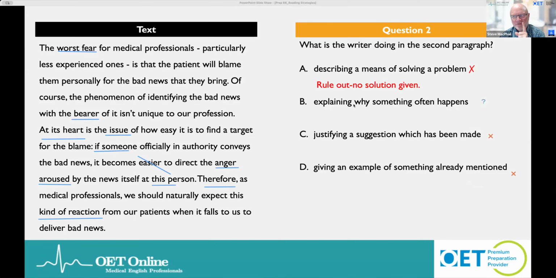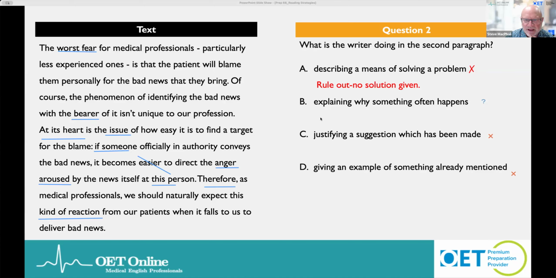Now, I need to be sure, because I could be wrong. Explaining why something often happens. So at the heart is the issue of how easy it is to find a target for the blame. If someone in authority, I've got to read it again, conveys the bad news, it becomes easier.